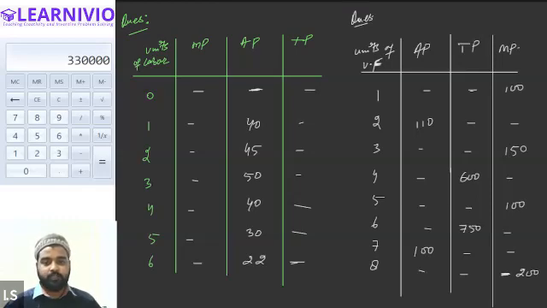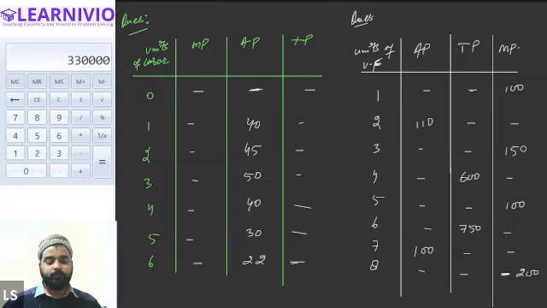Alexander, can you tell me the answer of the first question? Okay, sir. MP, the first one is 40. You have solved the first question, no? Yeah, okay. Just a minute.